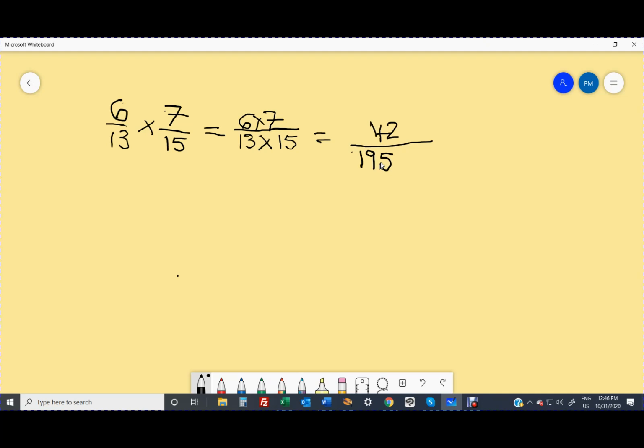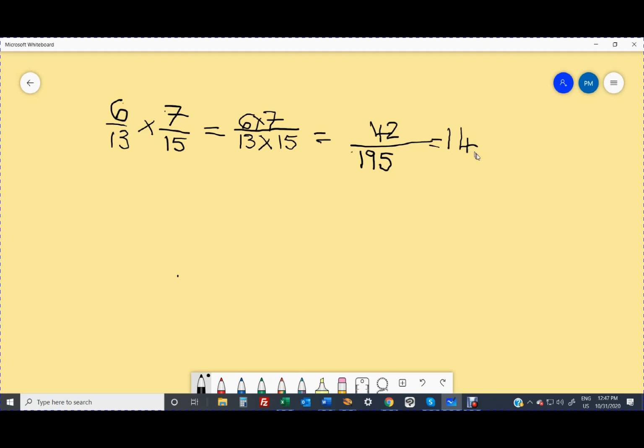That's the good bit. Okay, so what we can do is reduce this now. We can divide 3 into the top, and 3 into 42 equals 1, carry 1, and that's 12, and that is a 4.